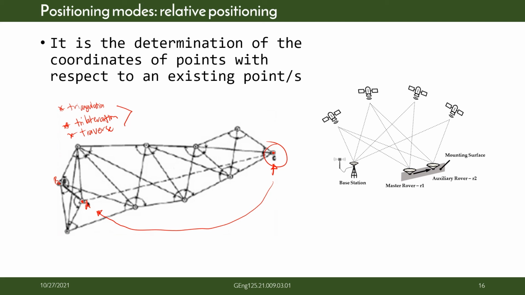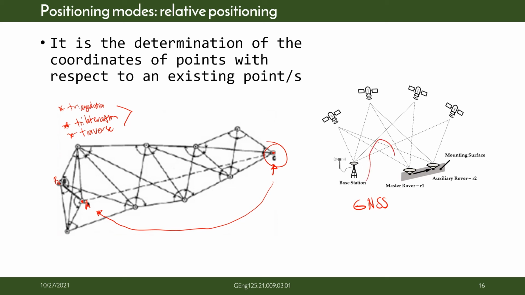With the advent of the global navigation satellite system, relative positioning is made easier, and the accuracy is also improved. This is especially true when we perform measurements far from the reference point.